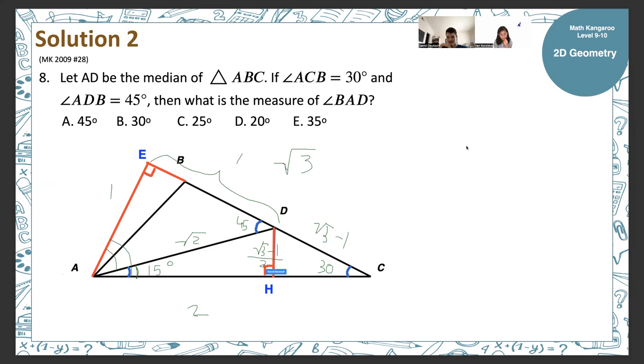This is a 30, 60, 90 triangle, right? This is half of this because of the angle of 30. Similarly, this has also got to be root 3 minus 1, which means that this is 1 minus root 3 minus 1, which is 2 minus root 3, this angle here.